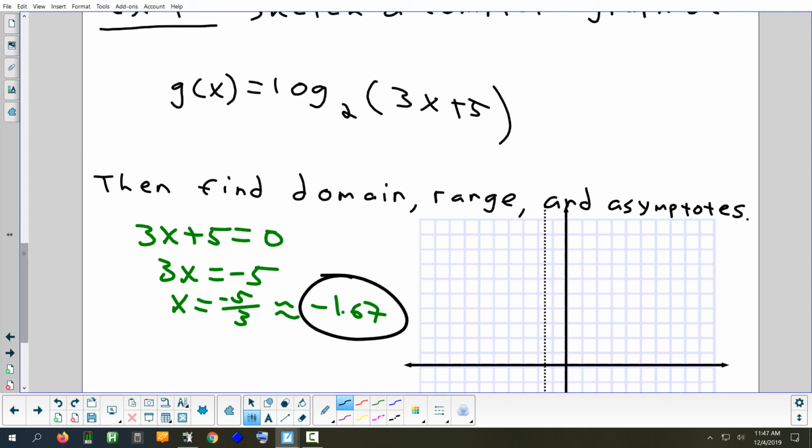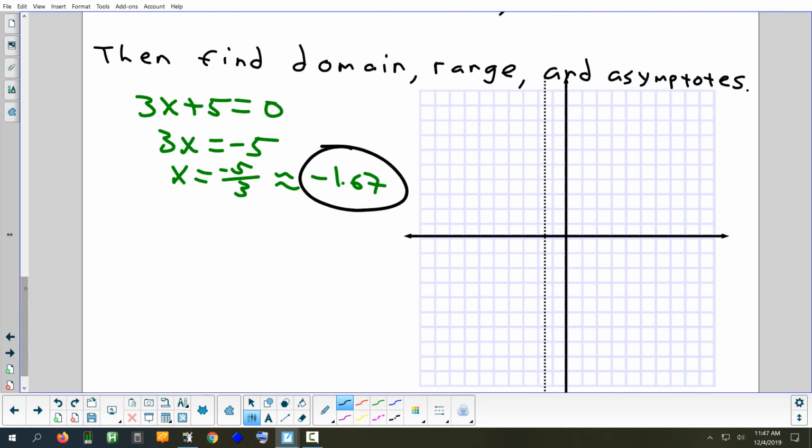What would happen if you plugged in negative 10 for x? Yeah, you'd get a negative. You get a negative 25. That's no good. You can't take the log of negative 25. Right? So this graph, you're going to have to pick numbers bigger than negative 1.67. Okay.